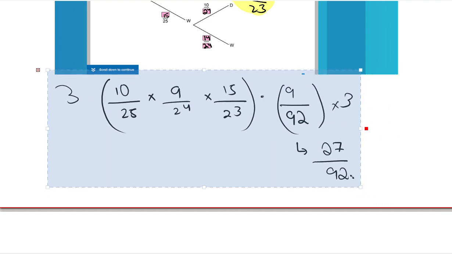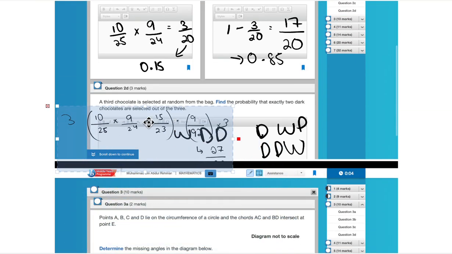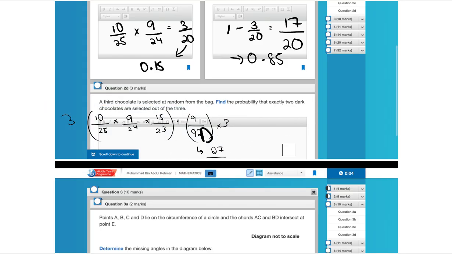I hope this part makes complete sense. Let me remove the rest of the information. Okay, 27 over 92. That's the final answer.